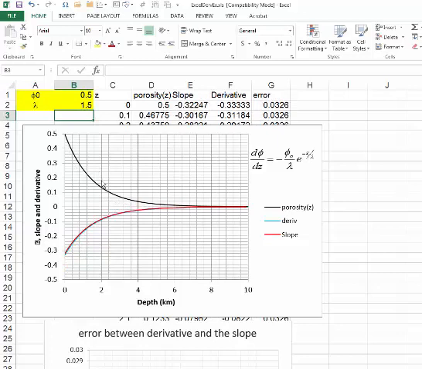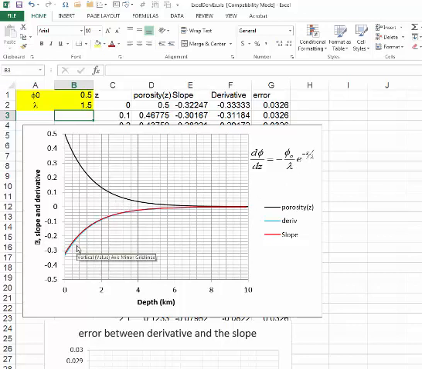The idea is that at a depth of 1.5 kilometers, the porosity drops off to about 0.368 of its value at the surface, or at z equals 0. So this parameter really controls the rate of drop-off here, and it also scales the derivative.